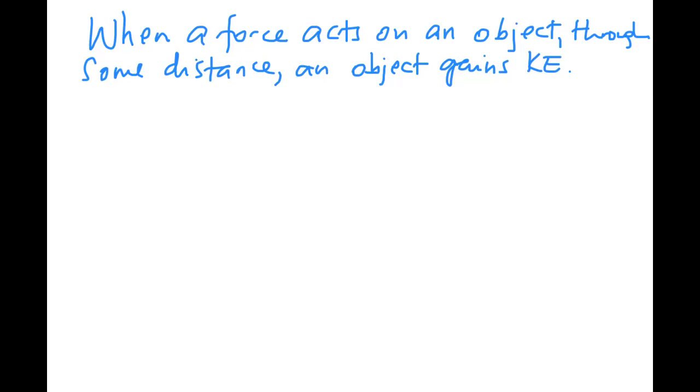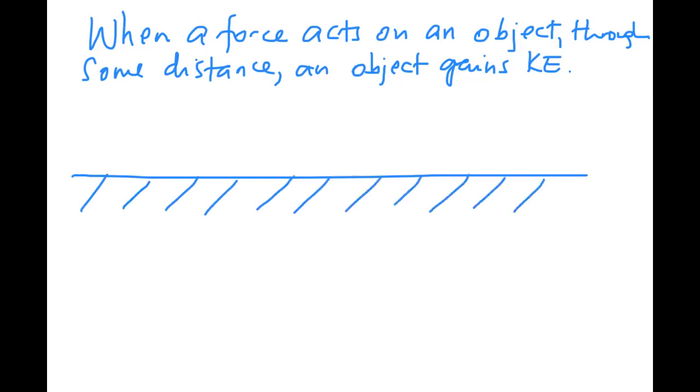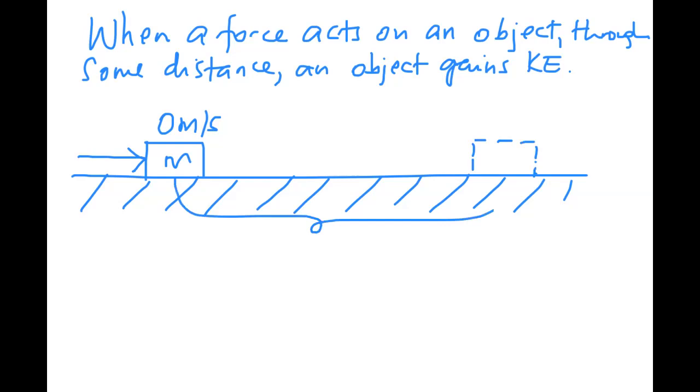Let's try to visualize this statement. Again, I have my surface, and I have my mass, an object, here. To do work, I have to apply a force on the object. Let's say I start from rest, 0 meters per second, and then I push the box through some distance D. I don't know how much it is, but there's a distance D there, and there's some velocity here.